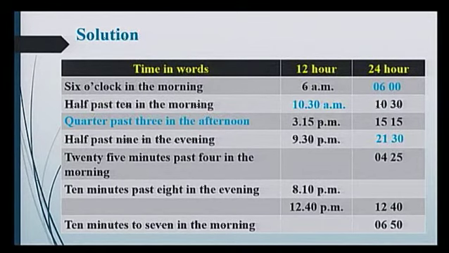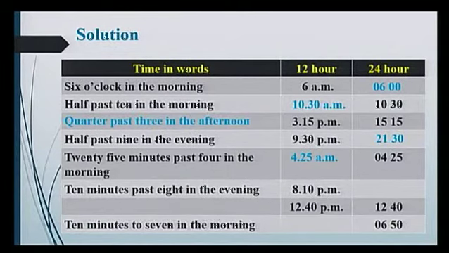Next one, 25 minutes past 4 in the morning. So for the 24-hour notation, it's 04:25. Since I'm talking about morning, it's going to be 4:25 a.m. The next one, 10 minutes past 8 in the evening.